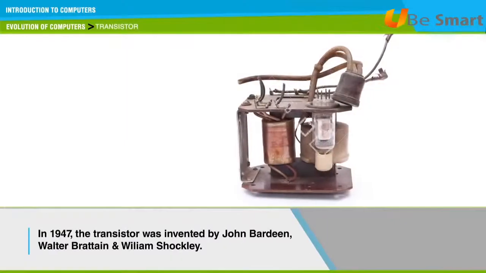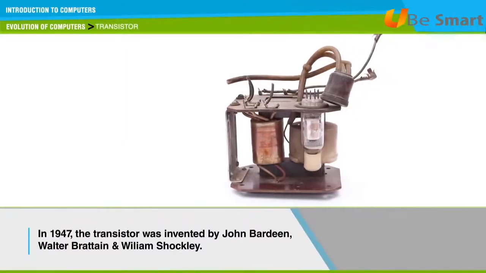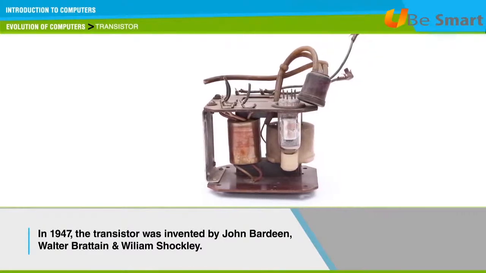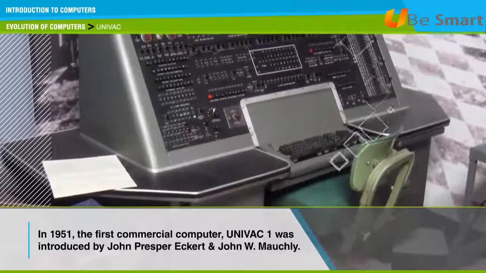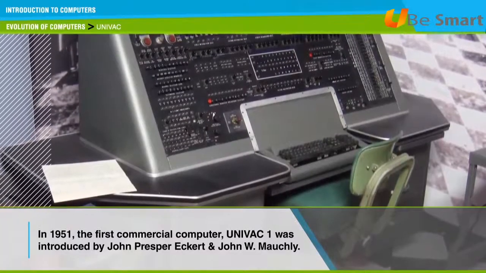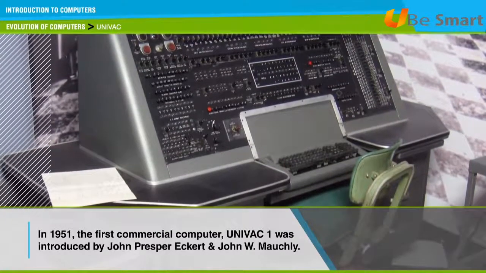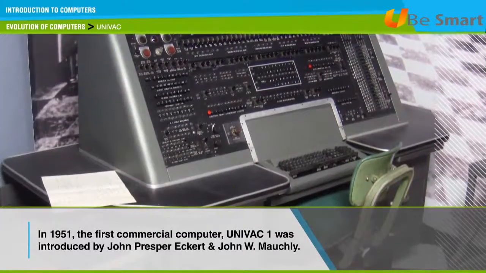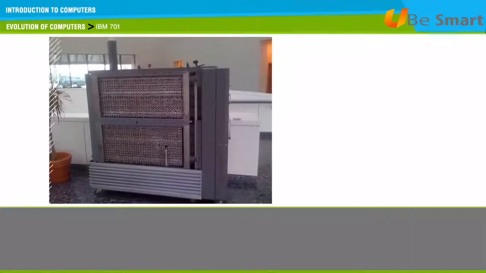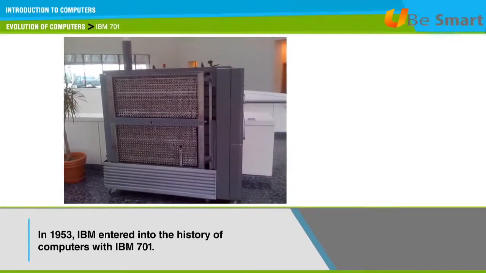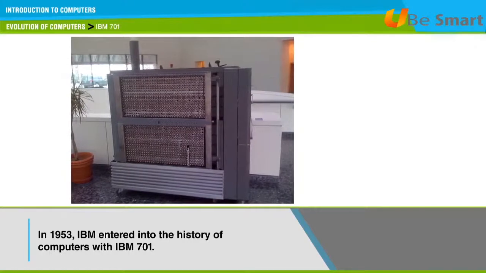In 1947, the transistor was invented by John Bardeen, Walter Brattain, and William Shockley. In 1951, the first commercial computer, UNIVAC 1, was introduced by John Presper Eckert and John W. Moseley. In 1953, IBM entered into the history of computers with IBM 701.